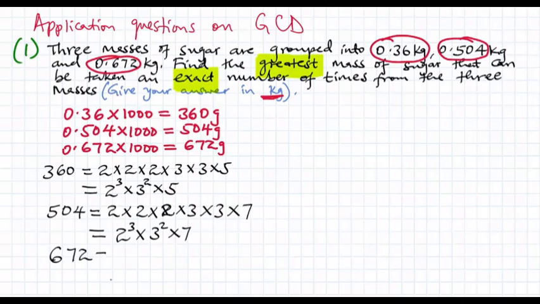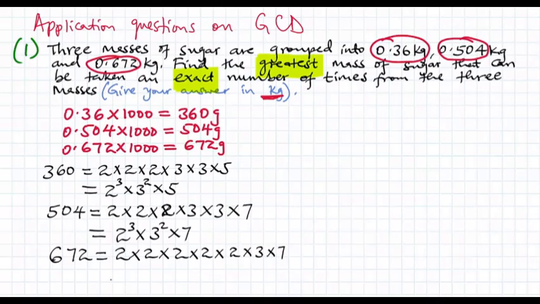Finally, you have 672. 672 can be divided by 2, by 2 again, by 2, by 2, by 2.